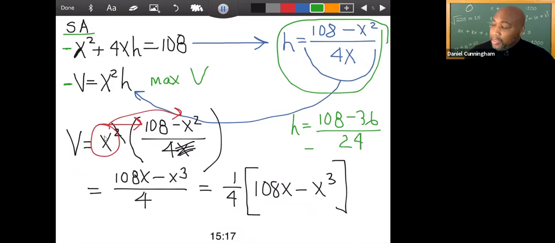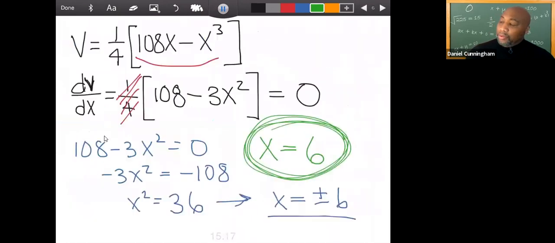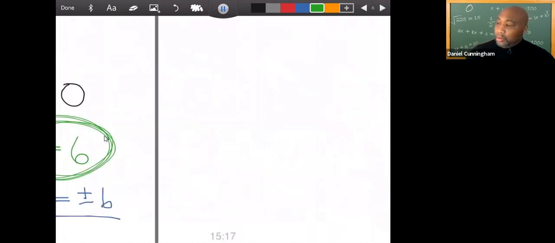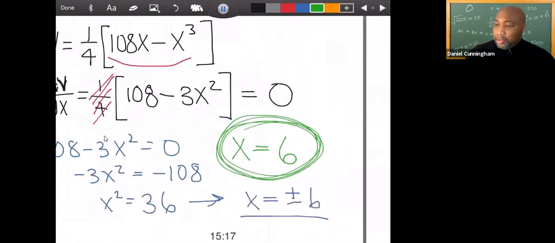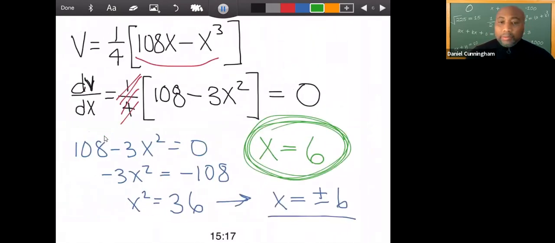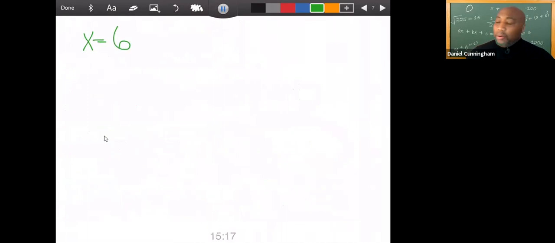We'll do our math. I think this will equal 3. So we were able to find h equals 3. So x is equal to 6, and h is equal to 3.